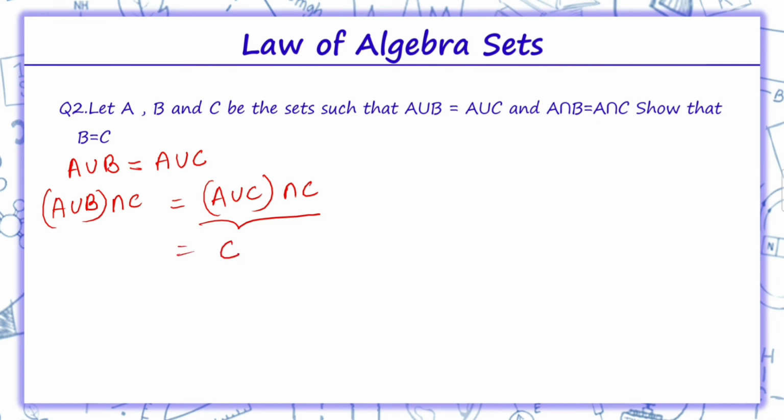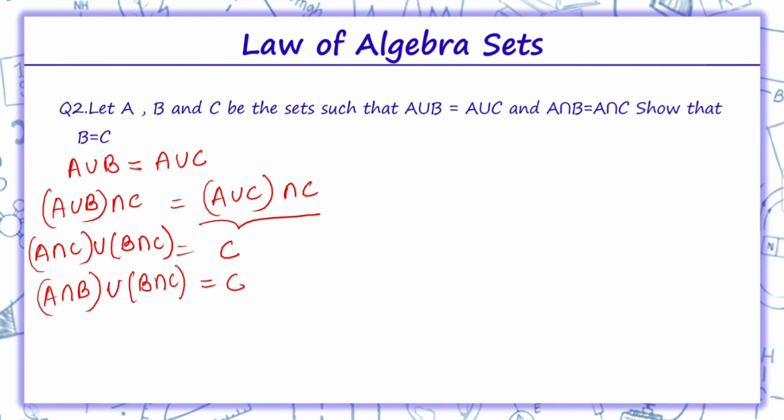So this term can be written as C. (A union B) intersection C can be written as (A intersection C) union (B intersection C). Now A intersection C is what? A intersection B. So thus we'll write (A intersection B) union (B intersection C) is what? C only. Okay. Now coming on to discuss the second part.